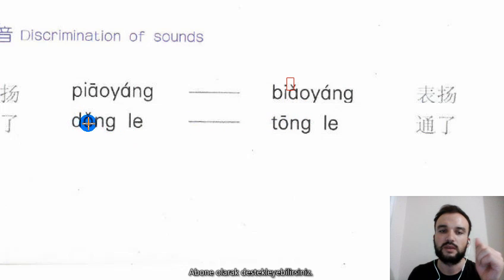Here we have third tone and natural tone. Same rule, half third tone. 懂了,懂了,懂了. Here first tone and natural tone, we don't have a rule. 通了,通了,通了. Okay.